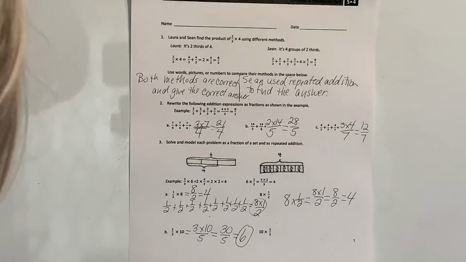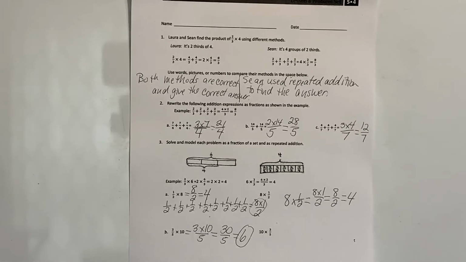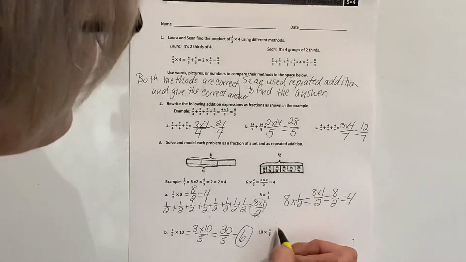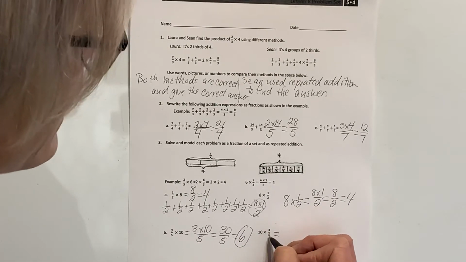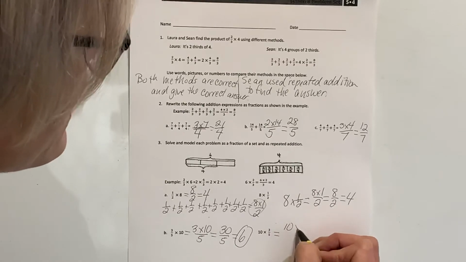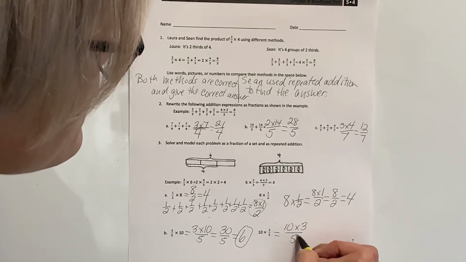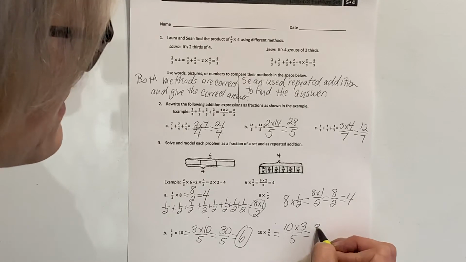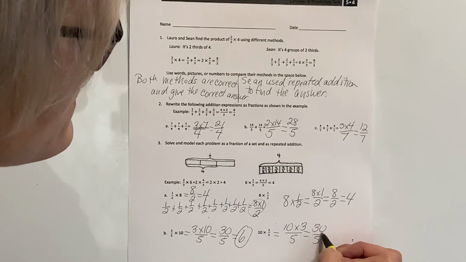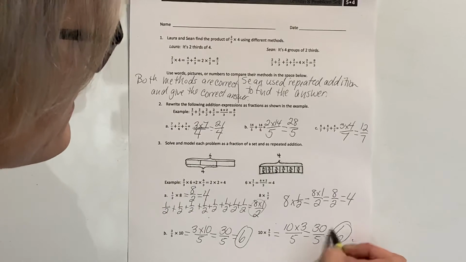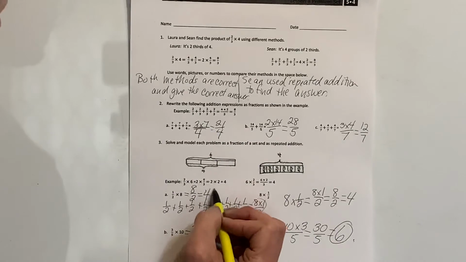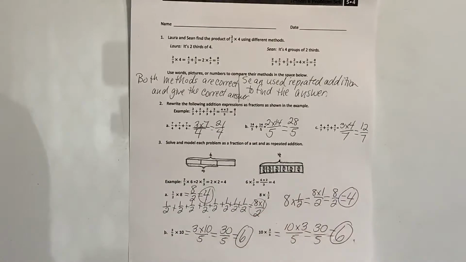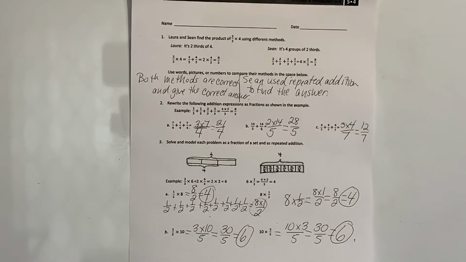All right, so if we look at 10 times 3/5, we would be writing out 10 3/5's, which would be 10 times 3 over fifths, which equals the same as 30/5 or 6. 30 divided by 5 equals 6. So you'll notice, even though we did this in different ways, we still get the same answer.